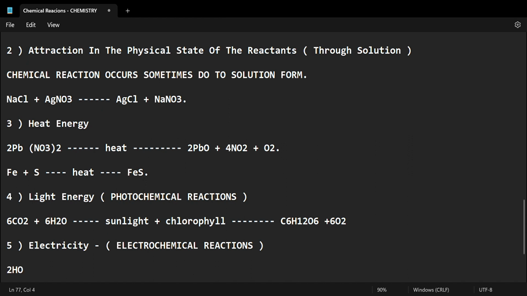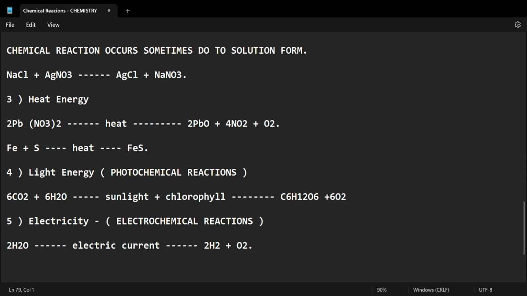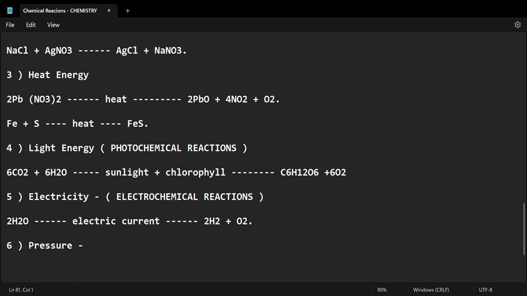So 2H2O after electric current becomes 2H2, we use this to balance the equation, and also O2, which is oxygen. The sixth one is pressure.